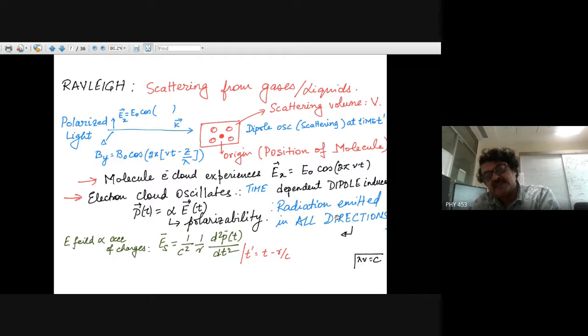So the electric field that you shall see at a point r away from the origin, its amplitude will decrease as 1/r, and it will depend upon the acceleration of this dipole at time t', which was at a time r/c before.